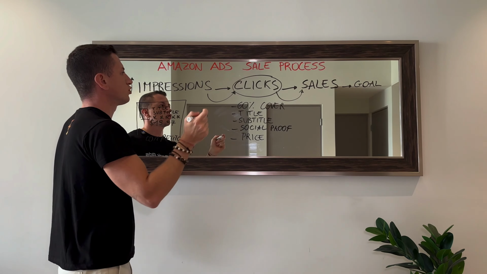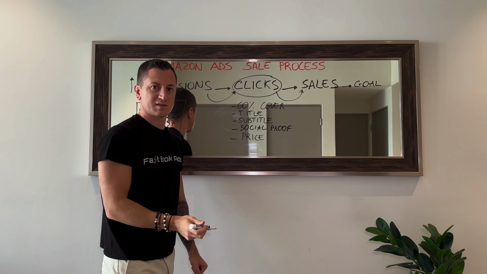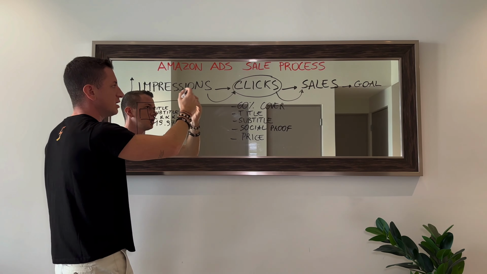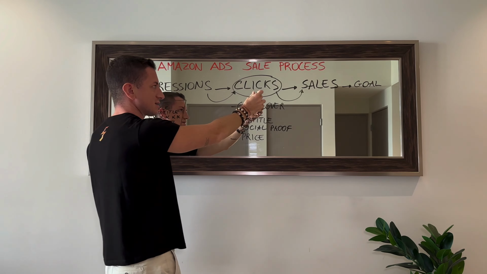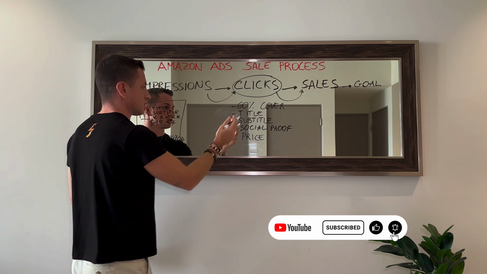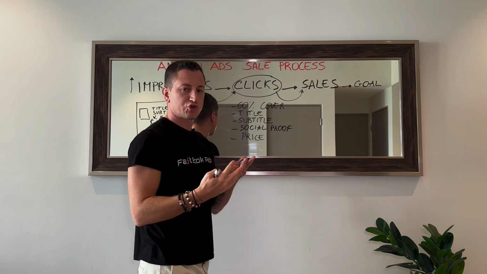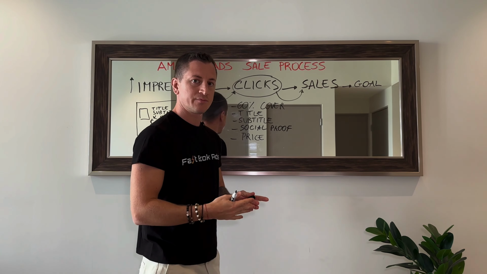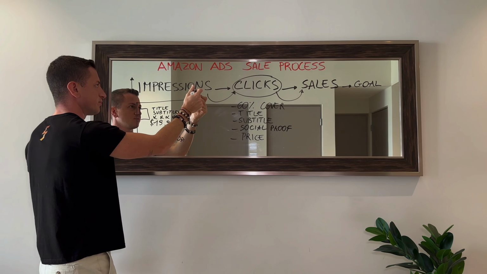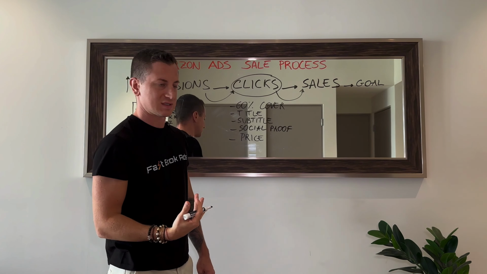Obviously, we want to generate as many sales as possible, but to do that, we have to generate as many impressions as possible. As many impressions as possible have to bring us as many clicks as possible. So we want to pay for clicks when we are almost sure to generate sales. This is why it's very, very important to generate impressions only from relevant keywords.